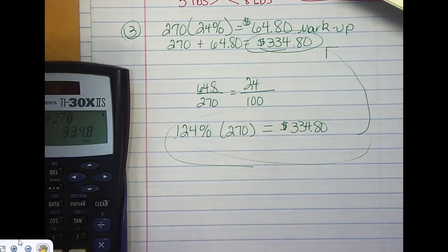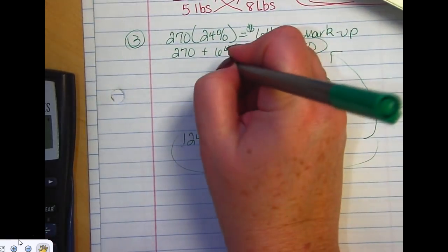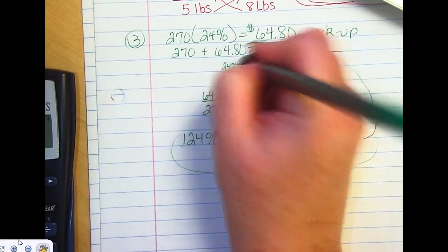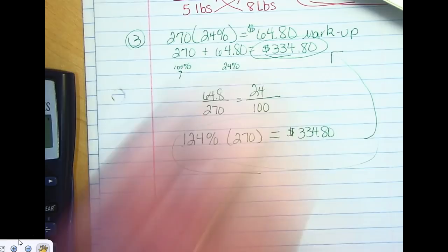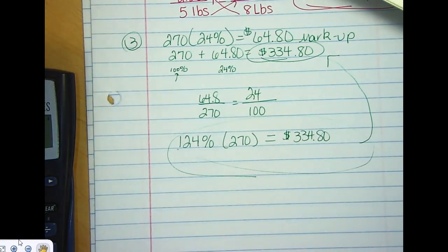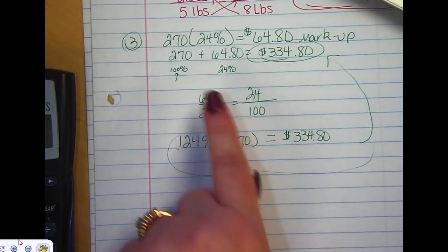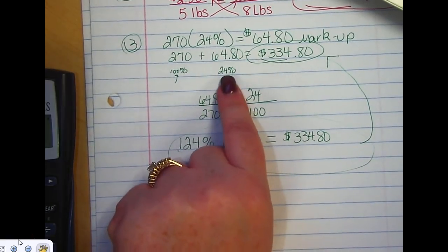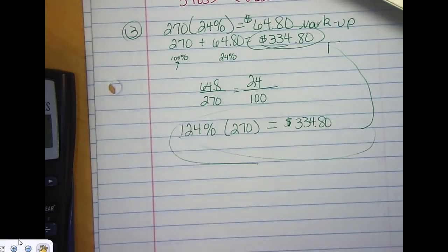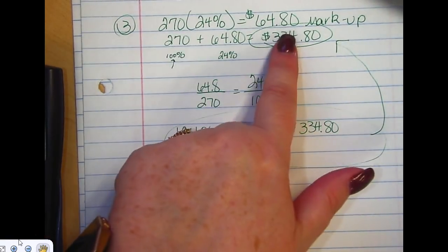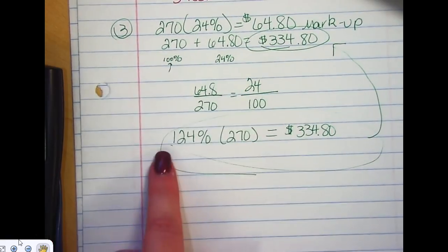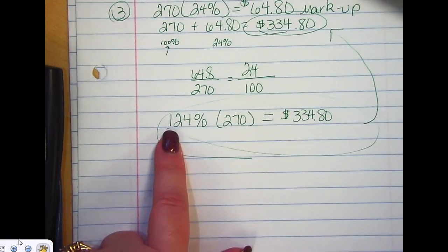So here, this is the 24%. This right here is 100%. So 100% of 270 is 270, all of it. And then this is 24% of 270. So here I found the percent and then I added the numbers. What did I do on this one first? I added the percents.